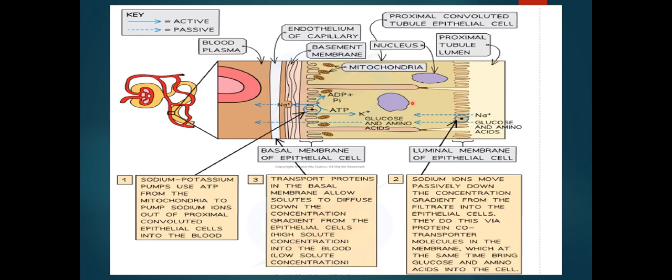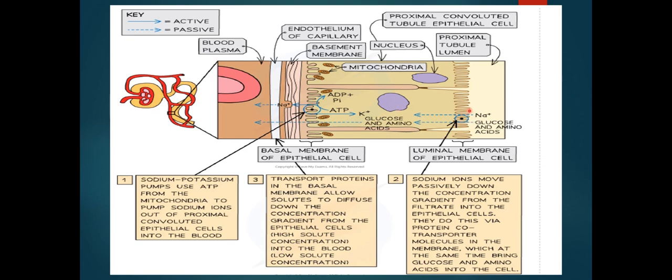Now, when they're pumped into the blood vessel, the concentration of sodium ions inside the cells of the proximal convoluted tubule decreases, and due to this decrease, sodium ions move in from the lumen of the proximal convoluted tubule into these cells.